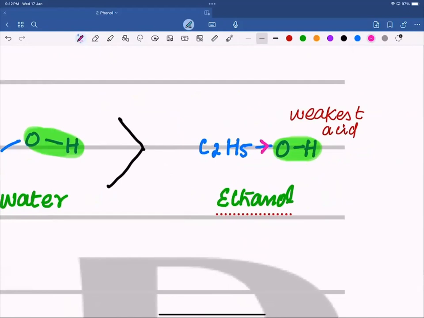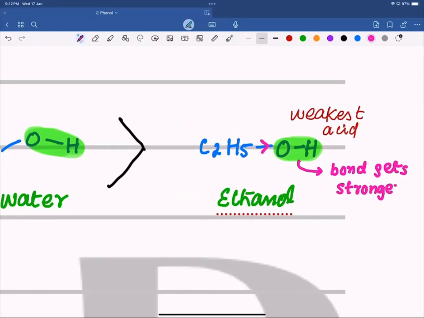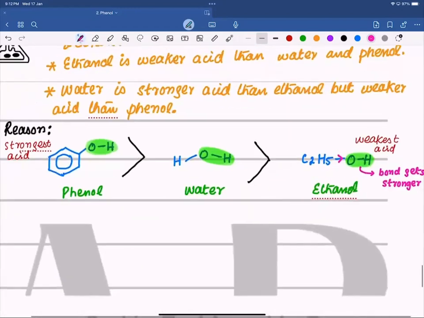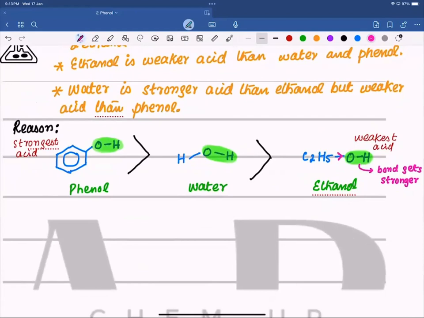As a result, this OH bond gets stronger than the OH bond in water and phenol. That's why ethanol is less likely to form hydrogen ions as compared to water and phenol. So there will be a lesser concentration of hydrogen ions in the ethanol solution, and that makes it the weakest acid.